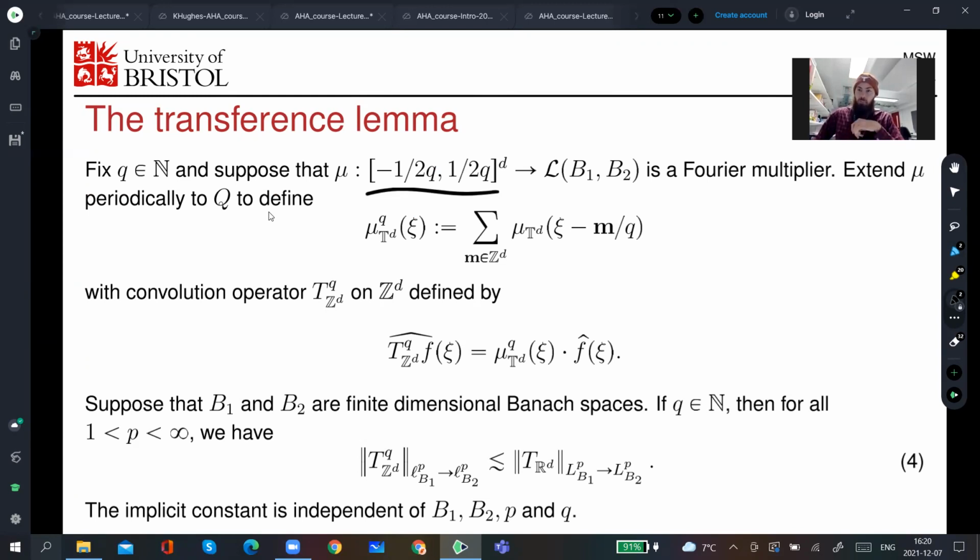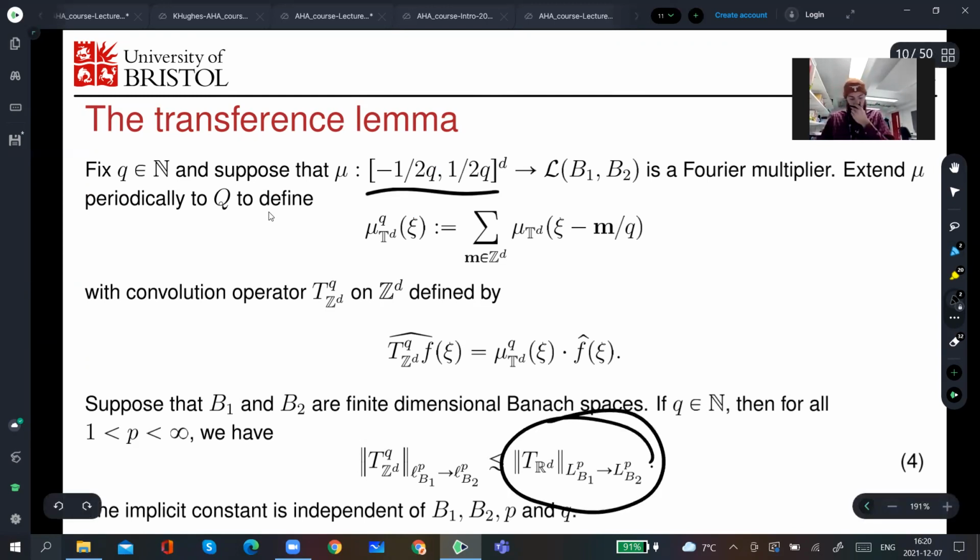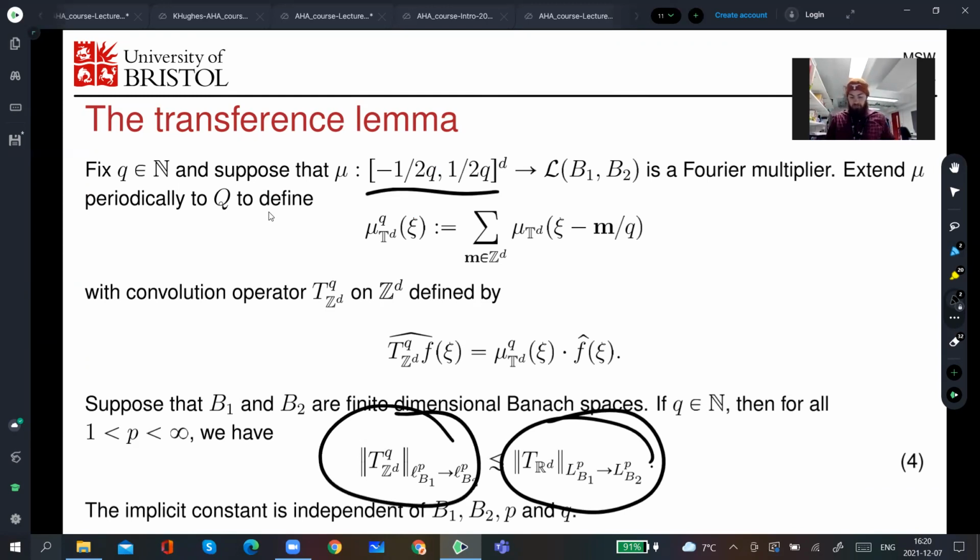And we show that if I have a bound on R^d, then we get a bound on Z^d for every modulus q. Okay. Well, actually, in the way I phrased it right here, I've fixed the modulus, and I've shown that this bound doesn't depend at all on the modulus. Okay, which means we'll be able to use it for all moduli q once we set it up correctly.